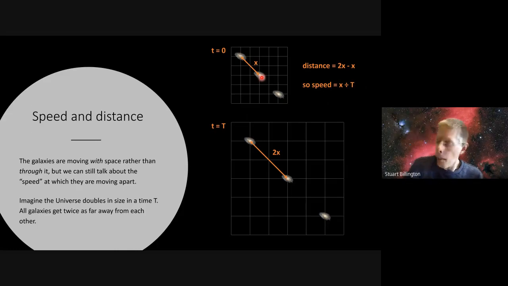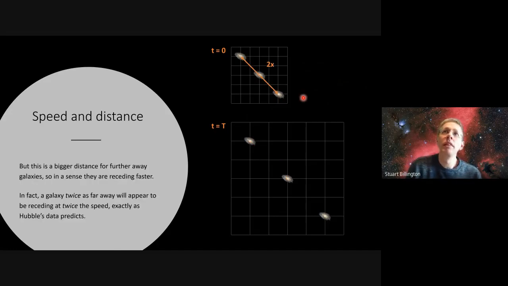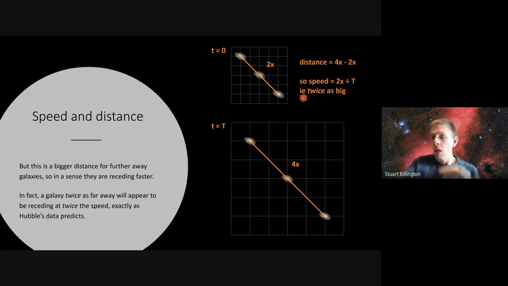But Hubble says that this one should move away faster because it's further away. That's what the data says. How does that work? Well, that galaxy was originally 2x apart. And it's now 4x apart. So this time when we do speed over time, the change in distance is 4x take away 2x, which is 2x, not 1x.